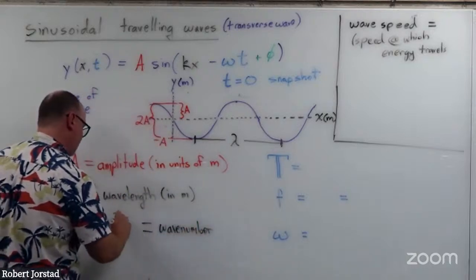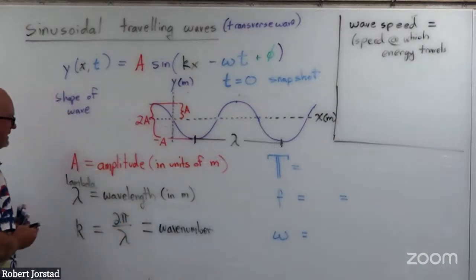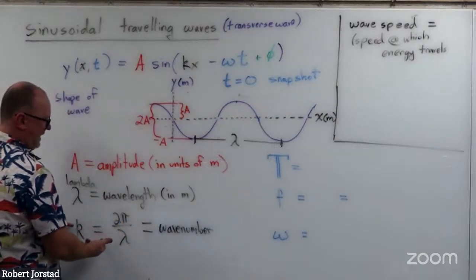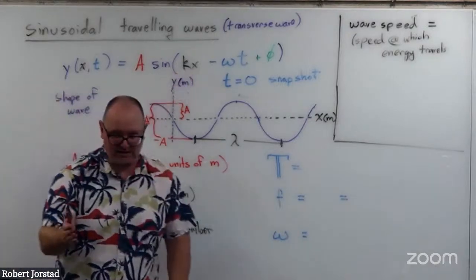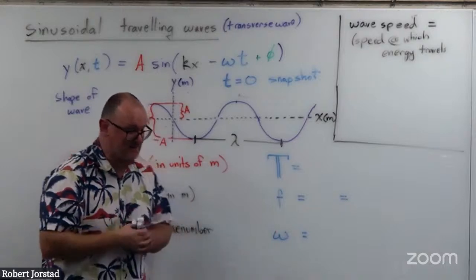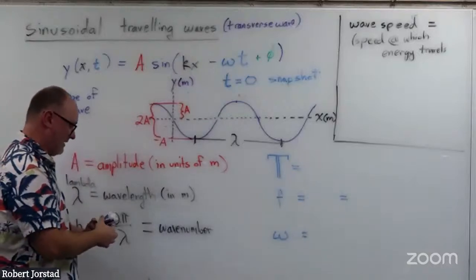The equation for it is 2 pi over the wavelength. It turns out it's very convenient to use k because we get something that has no units, not degrees, but radians. So k times x must have no units.